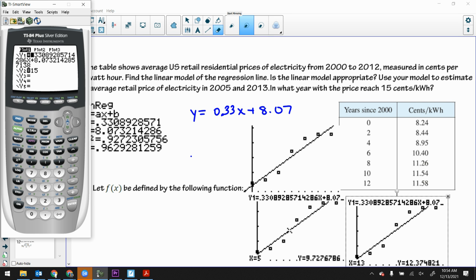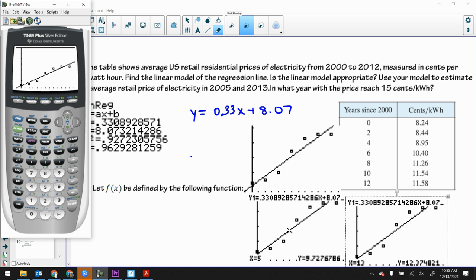Got it. So if I know that the y value needs to be 15, I plug that in right there. We plugged in 15, and then I was initially here. Let me go back to that. This was our window. To get the 15 to show up, the best way to do that is to zoom fit, because that's going to show us our regression line and 15 coming across the top.